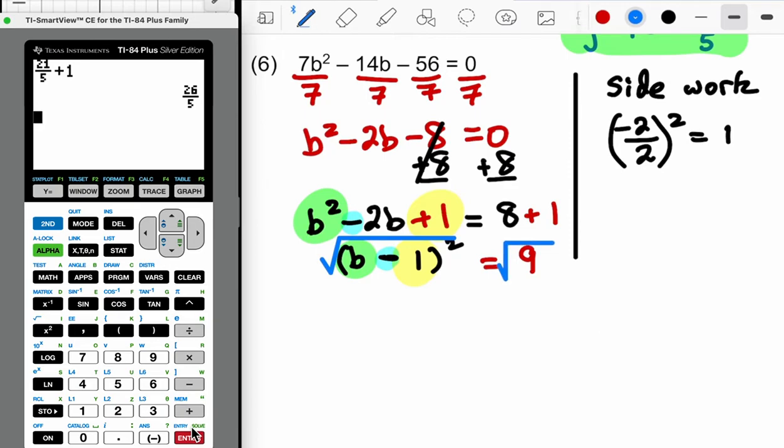The radical and the power of 2 will cancel each other, leaving you with just a b minus 1. On the right-hand side, again, because we are the ones taking the square root, it wasn't presented to us as a radical. We initiated the square root process. We have to include a plus or minus.